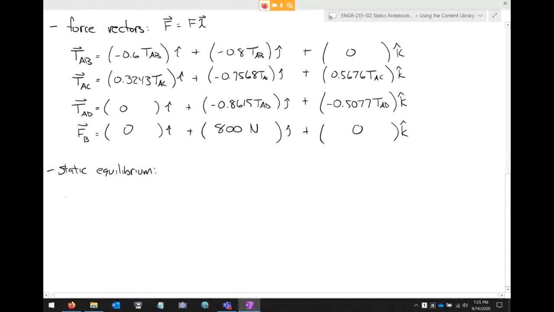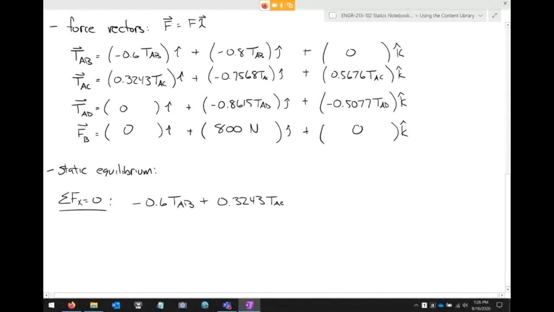So now what we're going to do is sum forces in the x direction. And all you have to do is go off of your columns, okay? So when I sum forces in the x direction, I'm going to sum all of the forces that are associated with an I vector. And so what is that? It's negative 0.6 TAB plus 0.3243 TAC.